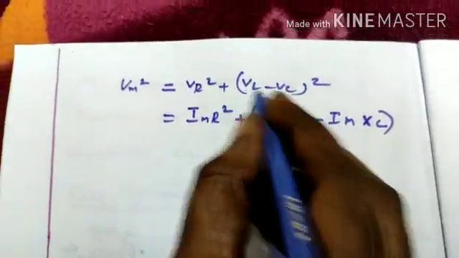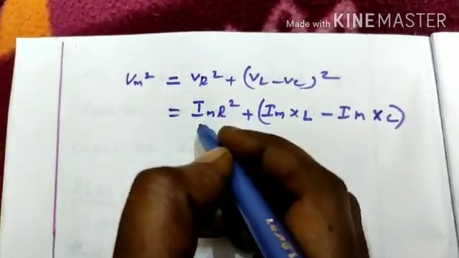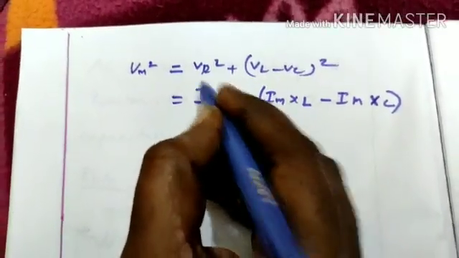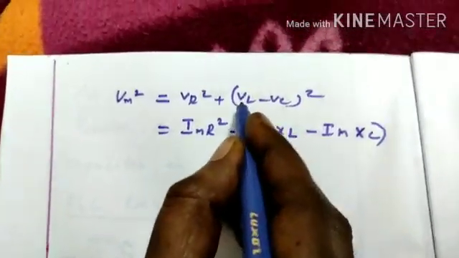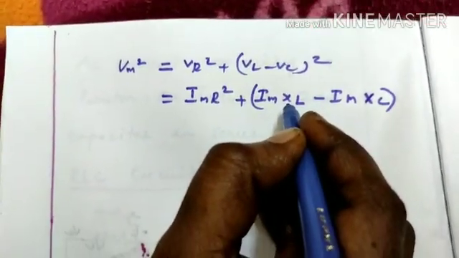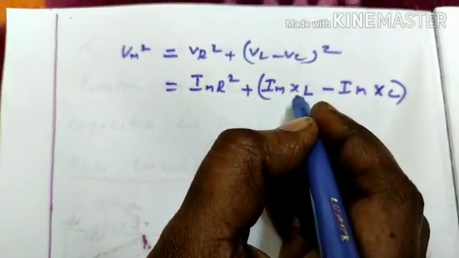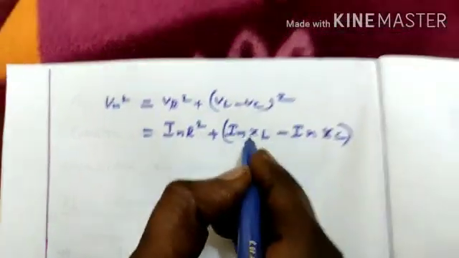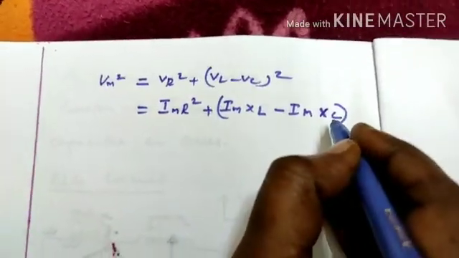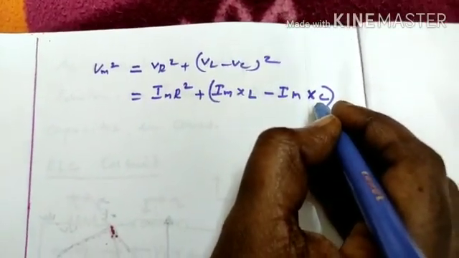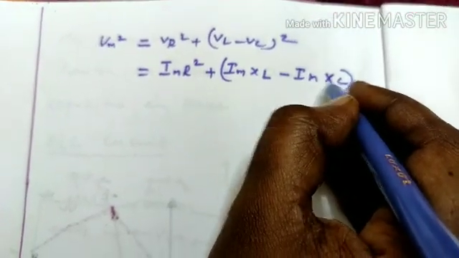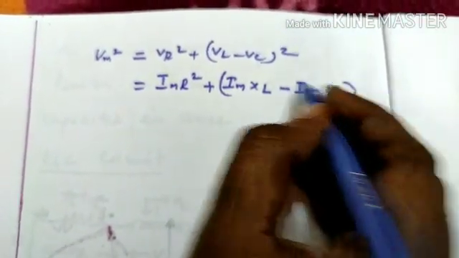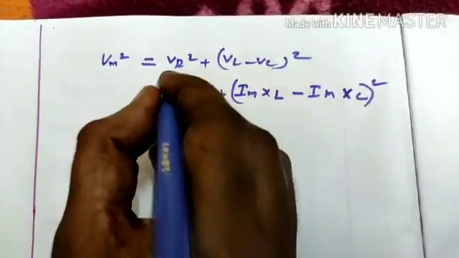According to Ohm's law, V is equal to IR, so here with the maximum current it is Im R square. For VL, the resistance provided by the inductor is known as the inductive reactance, so Im into XL. The resistance offered by the capacitor is the capacitive reactance, so Im into XC, the whole square.